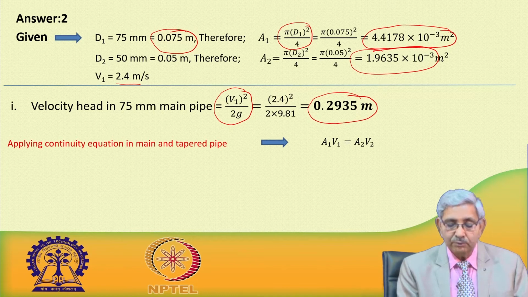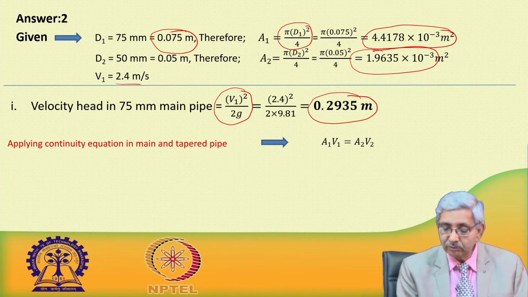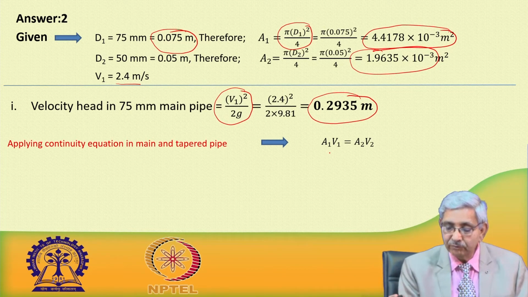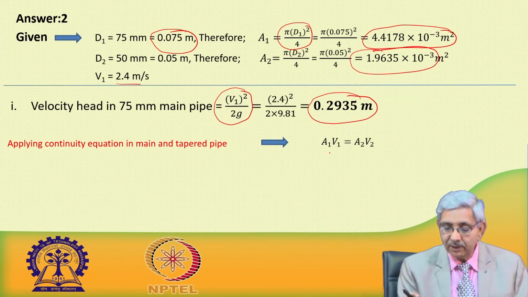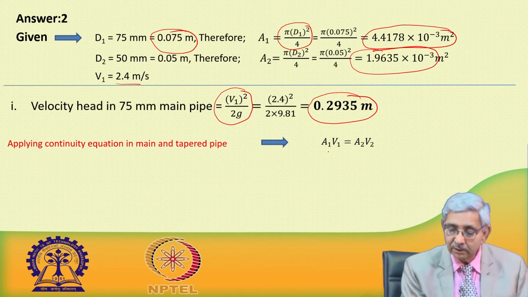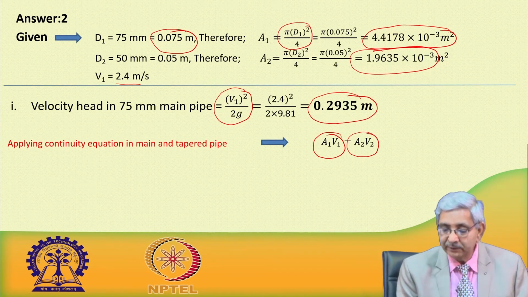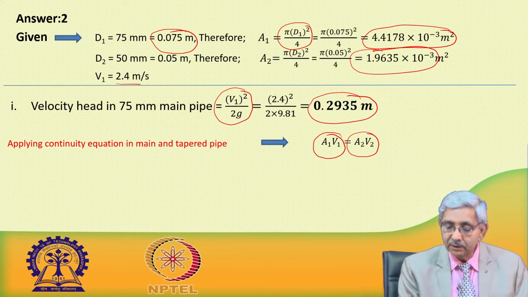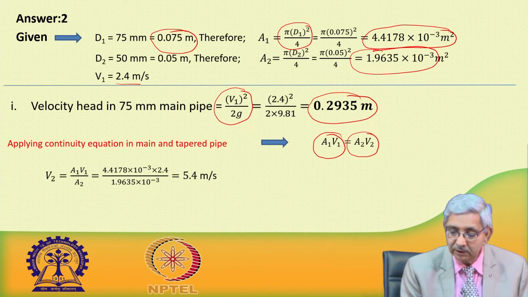Now, here we are using the concept of continuity equation, which states that A1 V1 equals A2 V2, meaning flow in the 75 millimeter pipeline is equal to flow in the 50 millimeter pipeline. From this we will get the velocity.